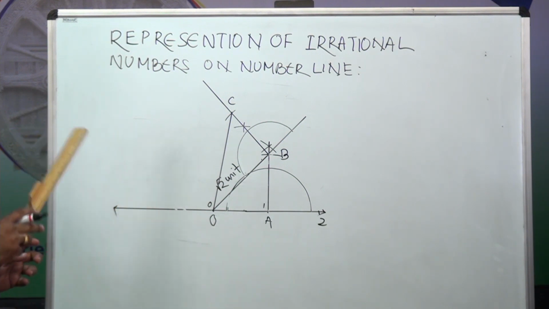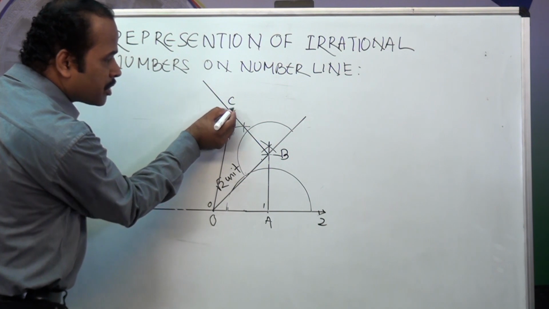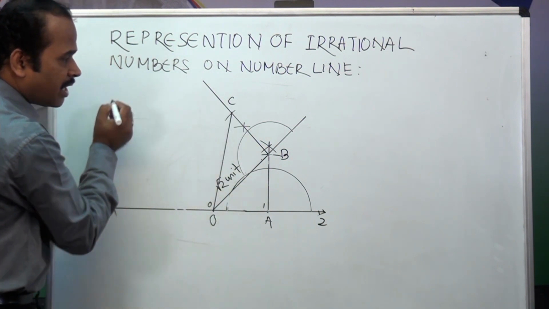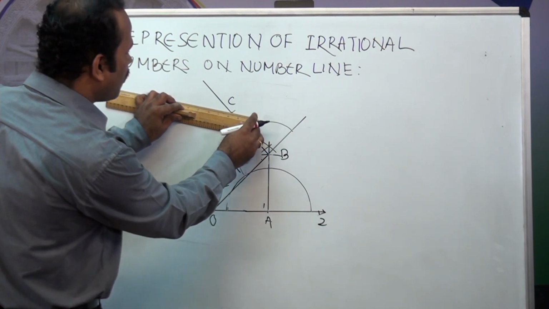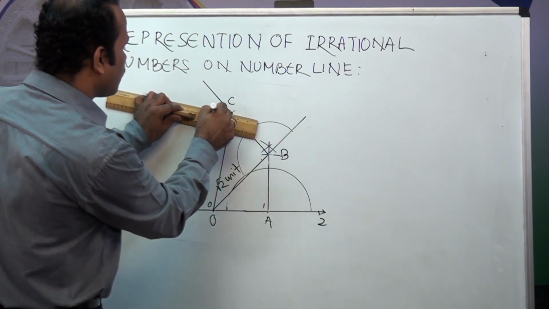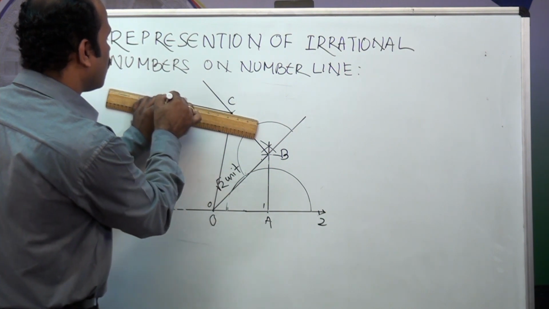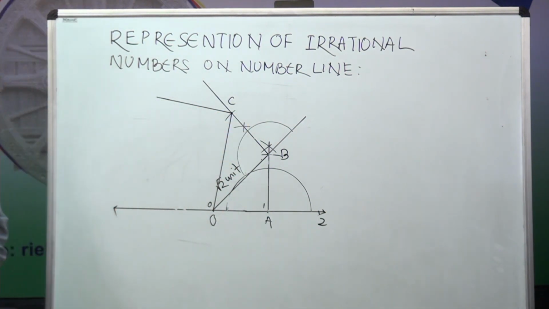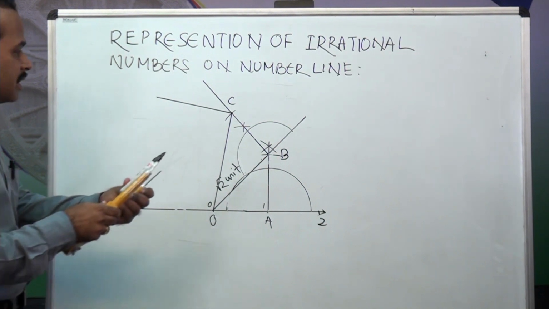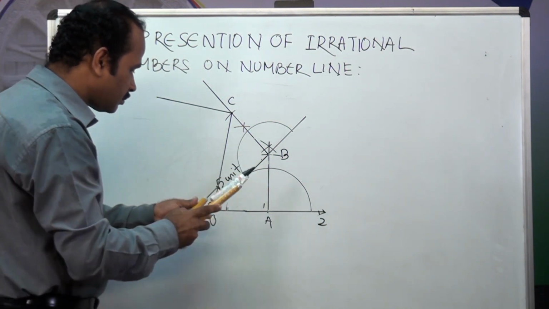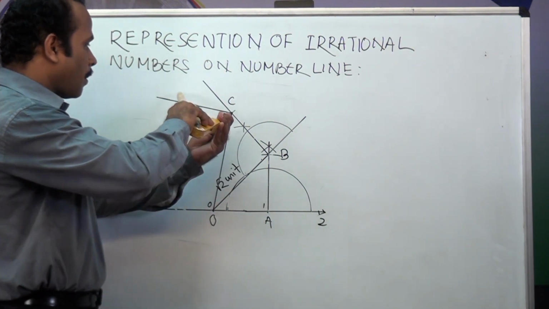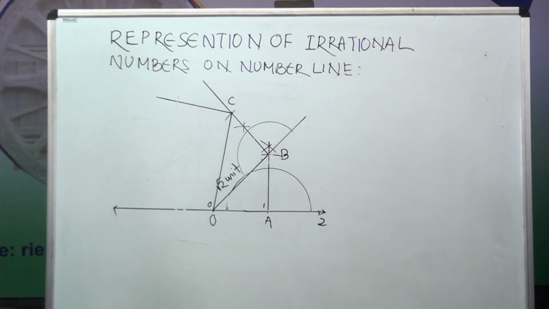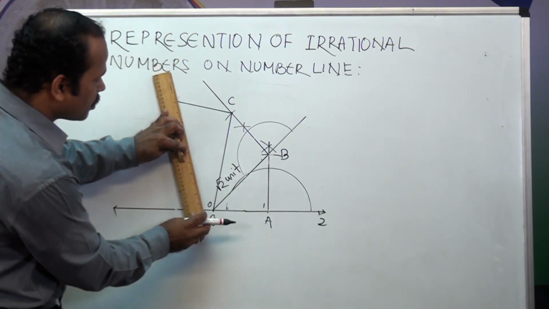If I go on keeping the same process, you will find that at every point I construct a perpendicular, I extend this, and in the similar manner I draw a right angle here and take again the 1 unit with the same process. I will cut. Then if I join the next, I will find it is √4.